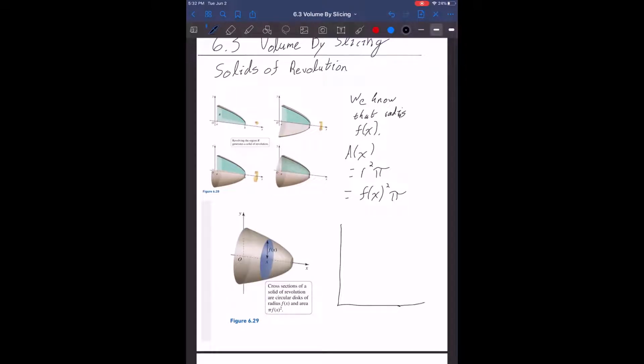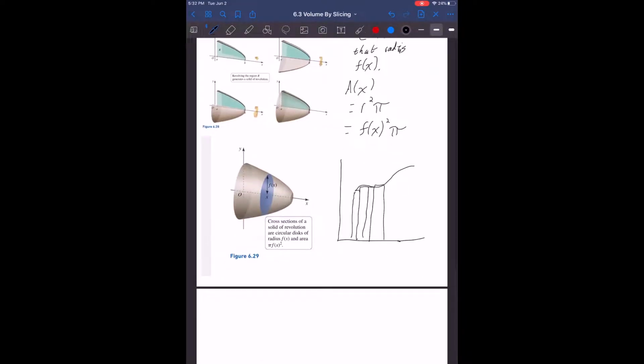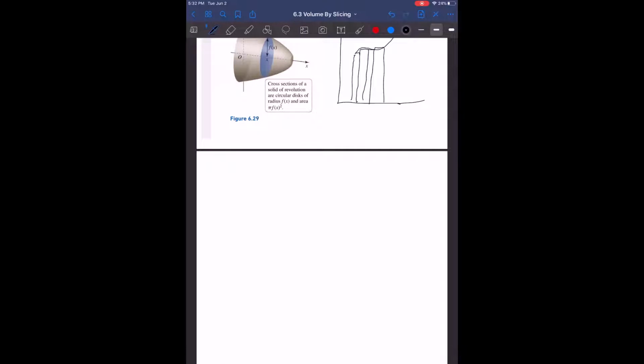This is very similar to the Riemann integration you all would have talked about in Calculus 1, where we have some curve here, and we looked at these small rectangles, and then we took smaller and smaller rectangles, and that would eventually lead us to the integral in order to figure out this area here. This will be a very similar process, and we're actually going to have a formula where the volume is just going to be the integral from a to b, where a is the left x value, b is the right x value.